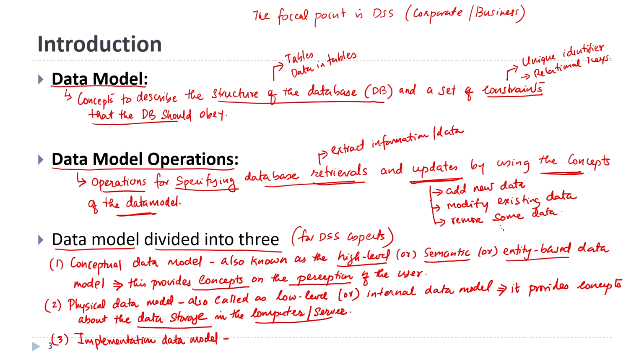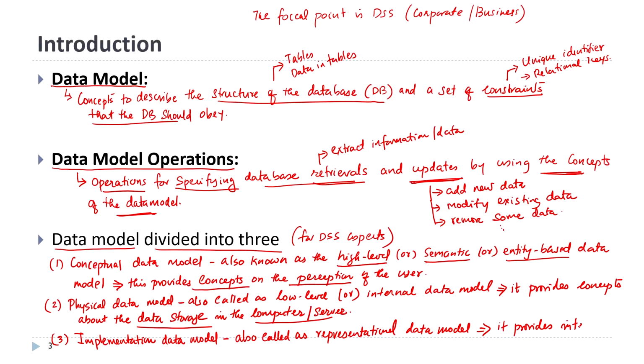There is another name for it, also known as the representational data model. Not too many names for it, mostly known as representational data models. So, what does it do?